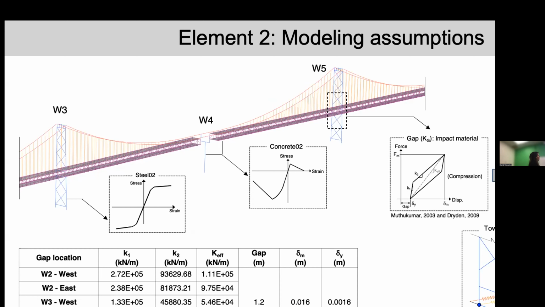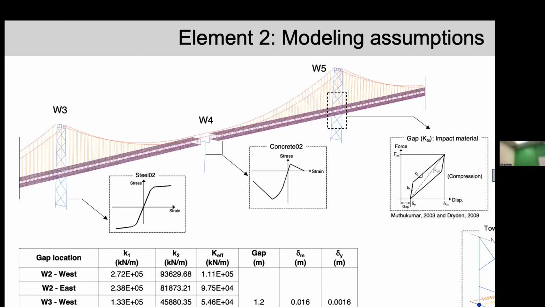And we based the calculation of our KT1, the initial stiffness, on the actual stiffness provided by the tower when it's hit by the deck. Then we back-calculated the effective stiffness and the post-yielding stiffness. So that gives you a sense of the type of approach that we utilized for modeling the whole bridge.